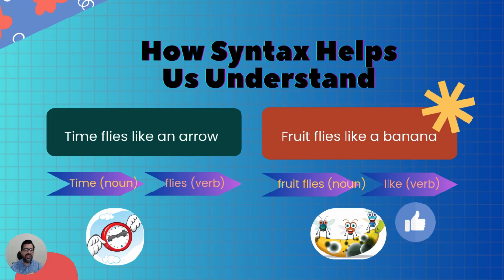So syntax provides these clues, allowing us to accurately interpret the structure and therefore the meaning of the sentences. In the first one, time is a noun and flies is a verb. In the second example, fruit flies is one noun, and like is the verb.